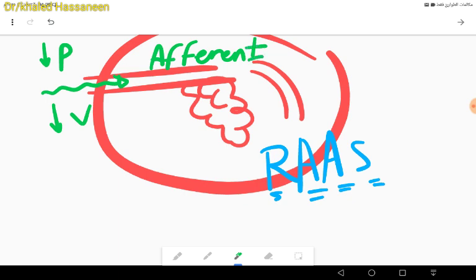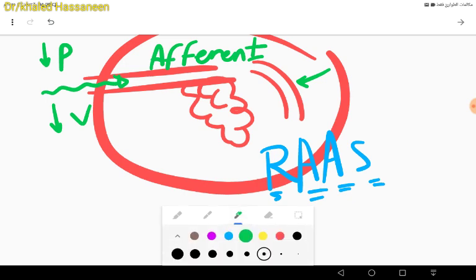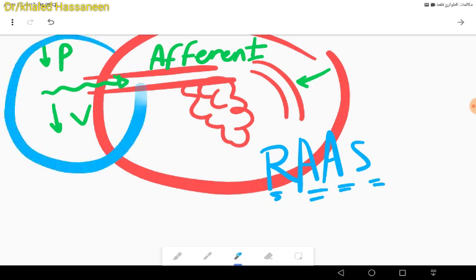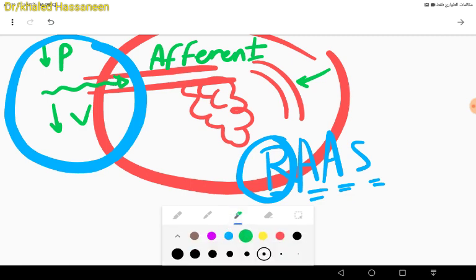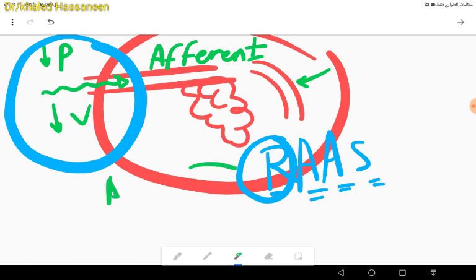This is detected by special receptors found here, and the stimulation of this receptor by decreased pressure or volume in the afferent arteriole going to the kidney leads to secretion of renin. And renin is an enzyme which acts on something called angiotensinogen. Angiotensinogen is normally a protein found in our circulation, synthesized by the liver.